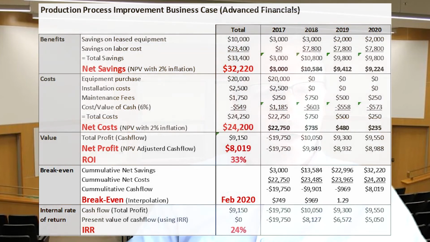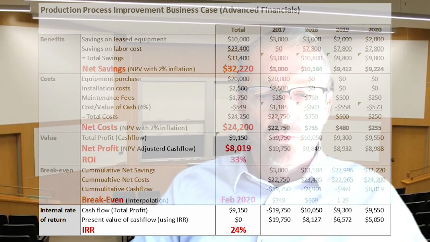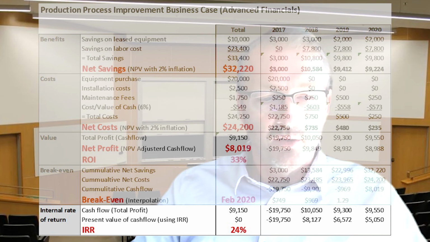Another key estimation of value that has been used in a number of different situations for the more advanced business cases or the investment appraisal is the internal rate of return. In order to estimate that, we typically look at the total cash flow. You can see here, we've written them out for the different years, and this is the total one before we do a net present value calculation.